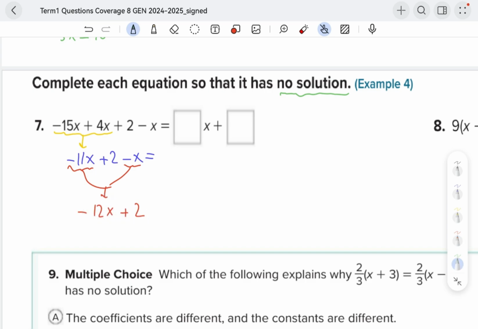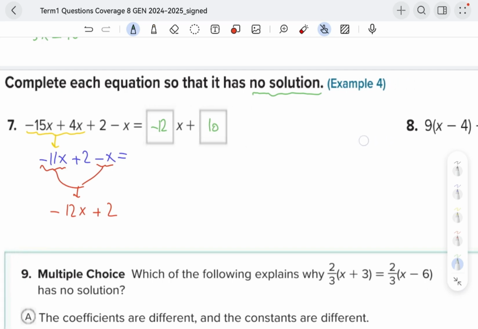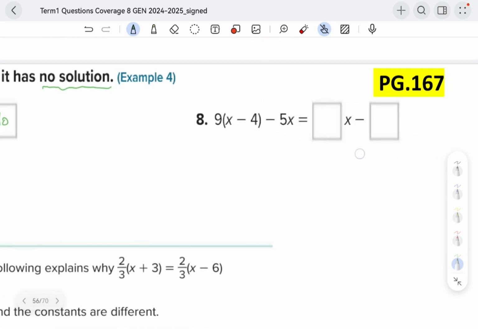Now to complete the equation so it has no solution, we should have the same variable, the same coefficient, negative 12x, with a different constant. So we can choose 7, 5, 10, whatever. You can choose any constant different than 2.